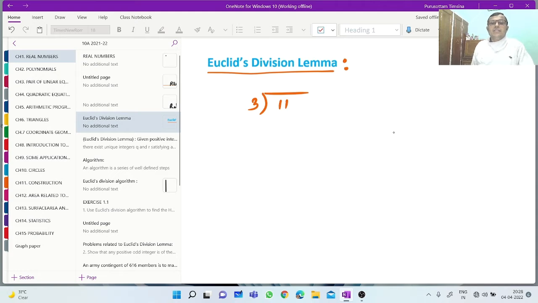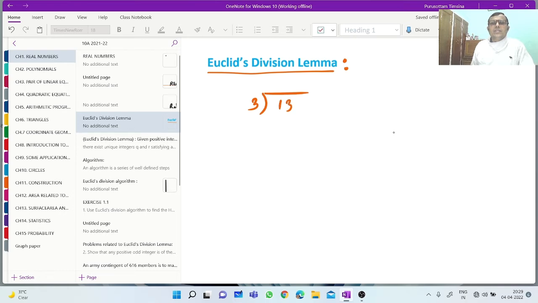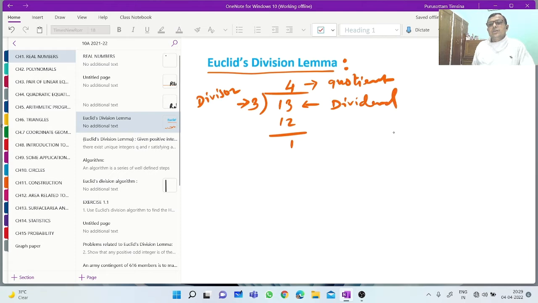Instead of 11, let me take 13. 3 4s are 12 and 1. This is the remainder, right? This is the quotient. This is called the divisor. This is called the dividend. This is called the remainder.